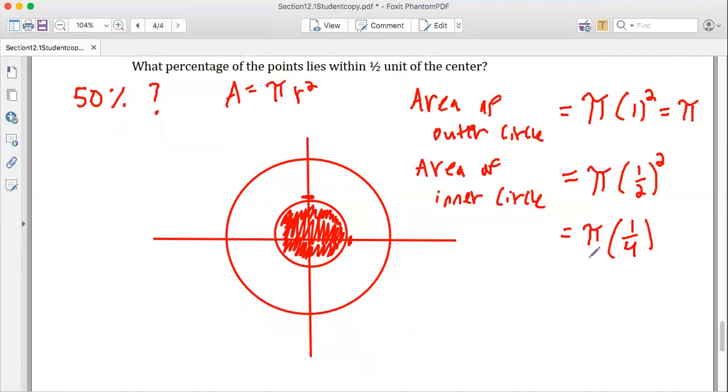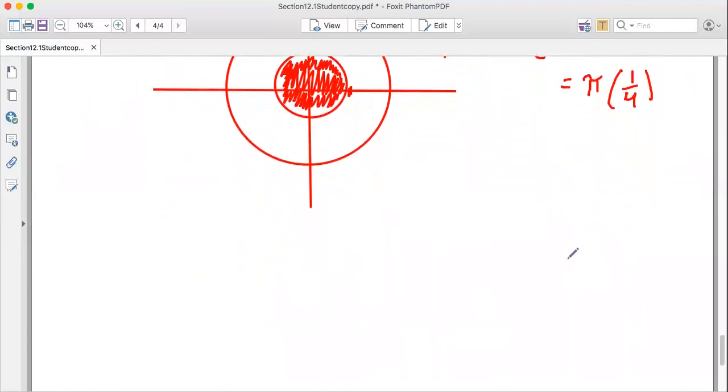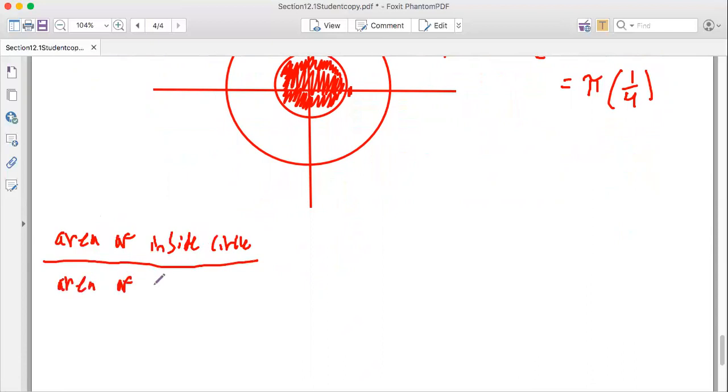Now what I want to do to find the percentage of points is to actually divide these. So here I want the area of the inside circle divided by the area of the outside circle.